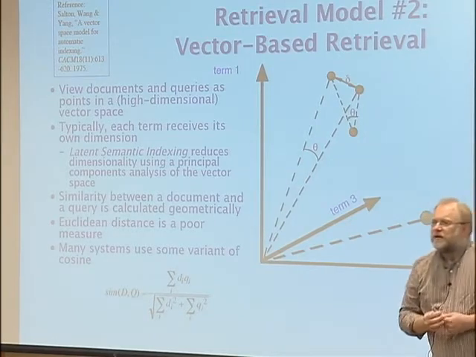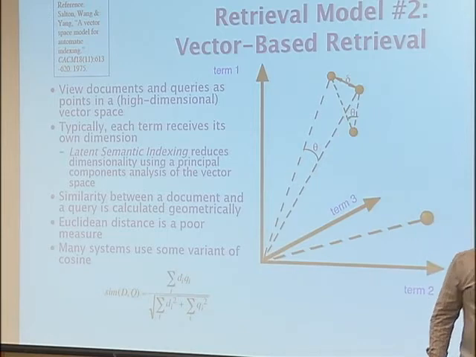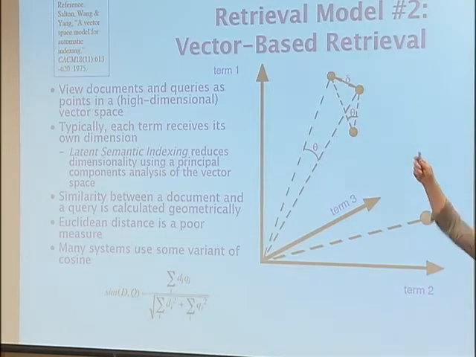If your document has juggling pins, you'd have extent 1 in the juggling dimension, extent 1 in the pins dimension, and so on. So you have this vector space where each dimension is an indexing term. And you can say, okay, I've got, say, this is my query.